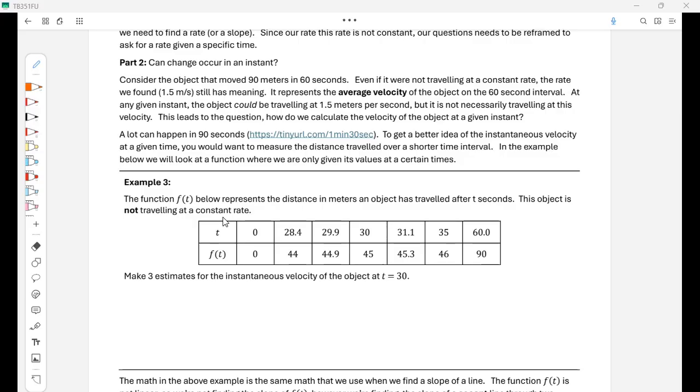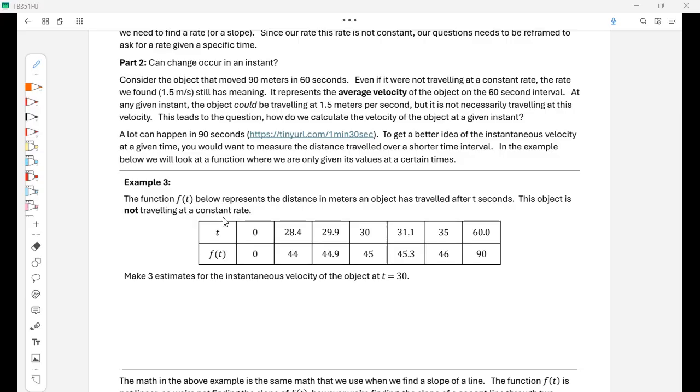That's what an average velocity is. So it tells you, what is it moving like? If it were going at a constant speed, how fast would it have to go to get to the same place? And we can use average velocities to help us estimate instantaneous velocities.